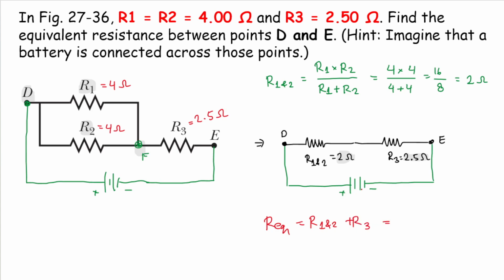Okay, and what is R1 and 2? That will be 2 ohm, and R3 is 2.5 ohm. And so we will have our conclusion that the equivalent resistance is equal to 4.5, and the unit here will be in ohm. Let's put this into a box so that they know that this is our conclusion.